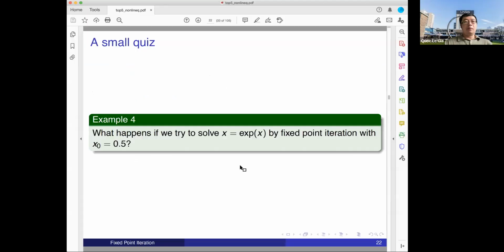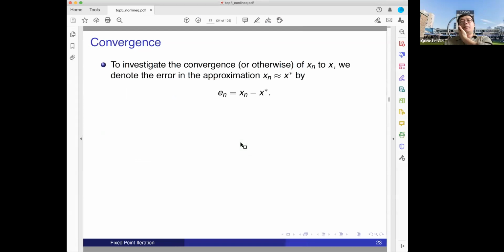And now, how do we know? Given a function g of x, how do you know that the fixed point iteration will converge or not? So now let me introduce some theory.